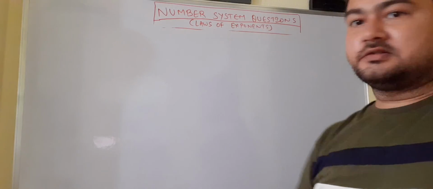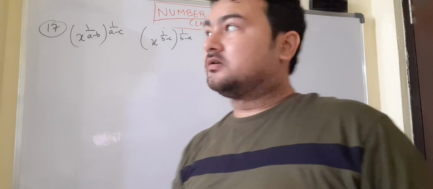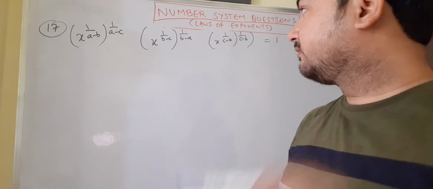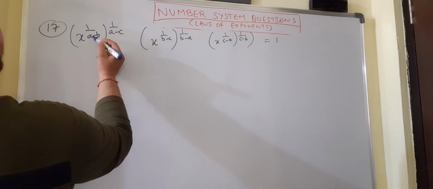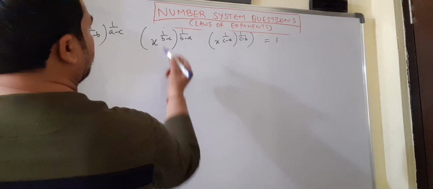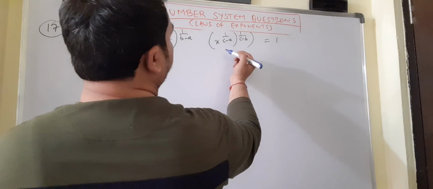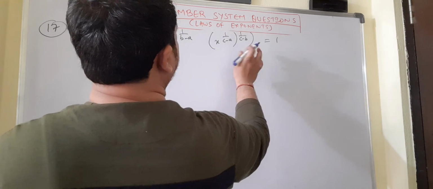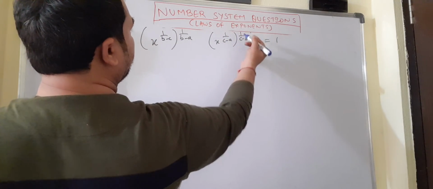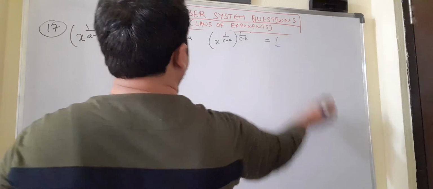Now we will move towards the next question, question number 17. It says x to the power 1 by a minus b by 1 by a minus c, x to the power 1 by b minus c to the power 1 by b minus a, and x to the power 1 by c minus a to the power 1 by c minus b, and you have to prove that that is equal to 1.